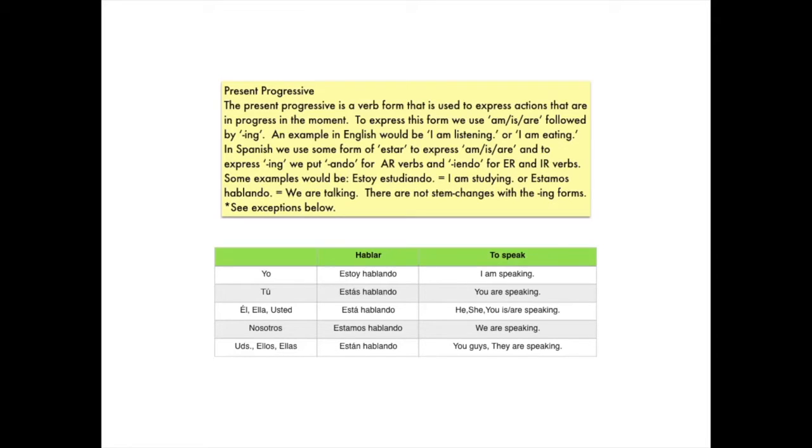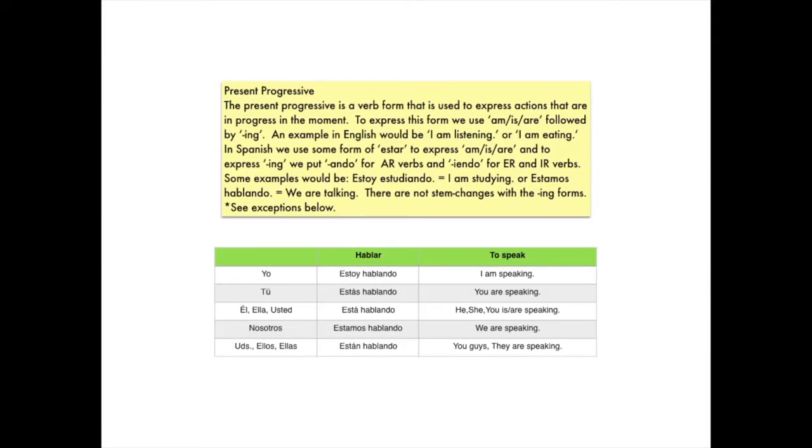In order to do the ing ending, we just take off that AR, and instead of putting one of those verb endings that we've already learned, we just put ando. If it's an ER or an IR verb, we take that ER or IR off and put yendo.